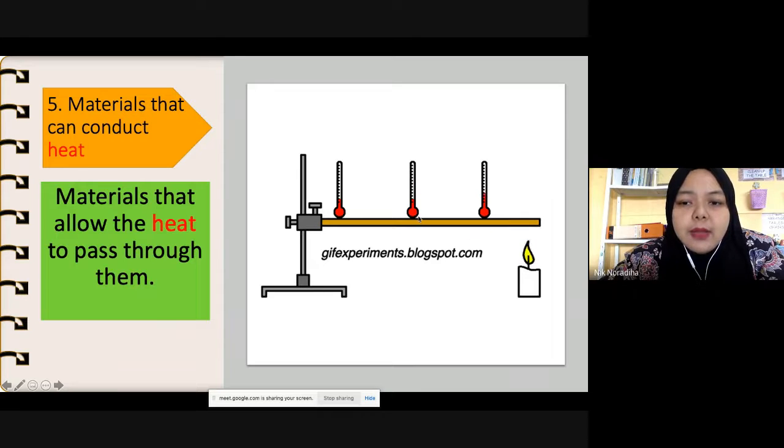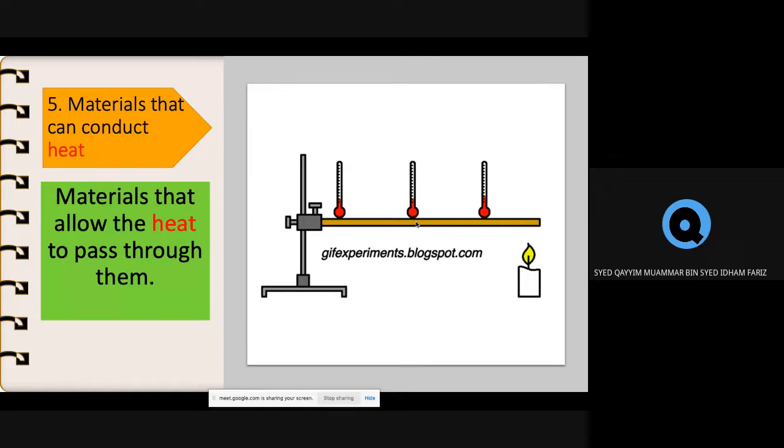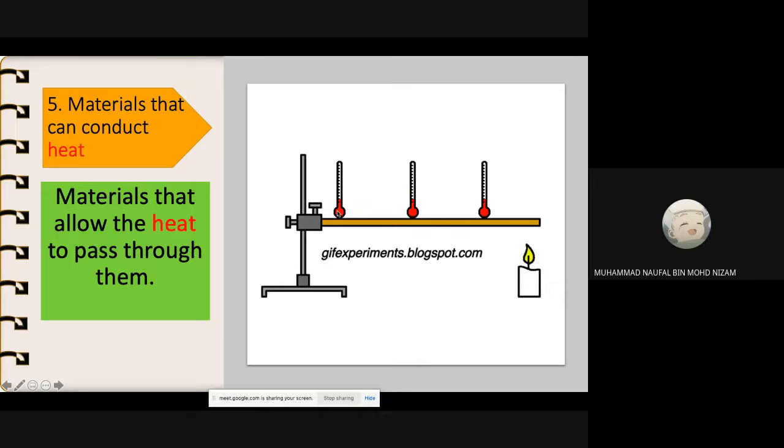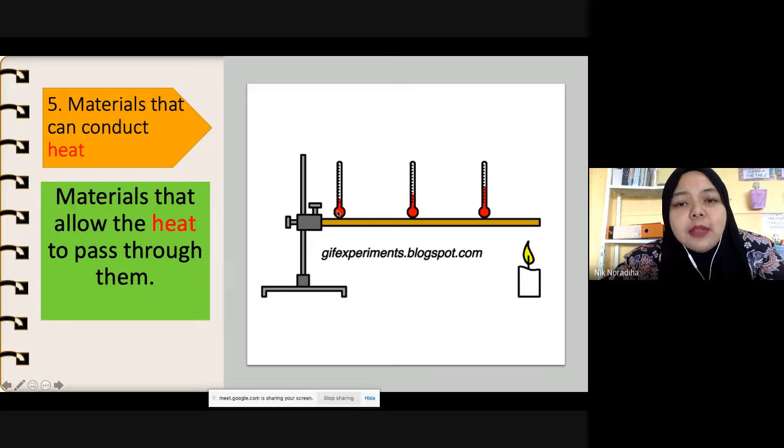How about the second one? After some time, what happened to the second thermometer? It also rises. Yes, correct. How about the third one? Also rises. Yes, the third thermometer, the temperature is rising as well.